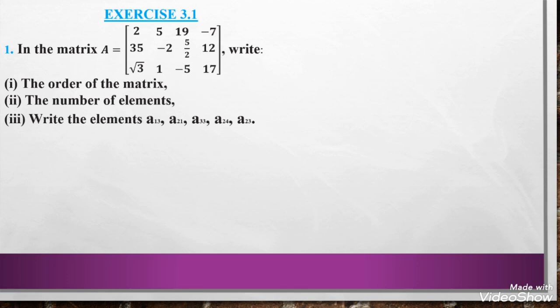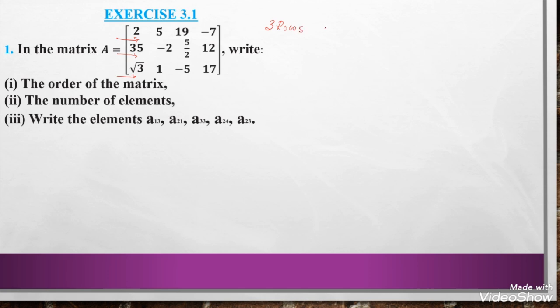First, in question one, there is a matrix A given. Based on the matrix they gave, there are three questions to answer. First one, the order of a matrix. As we know, there are three rows: R1, R2 and R3.